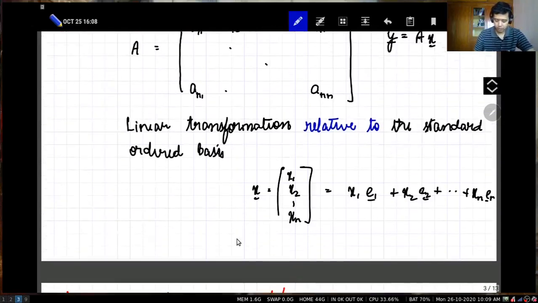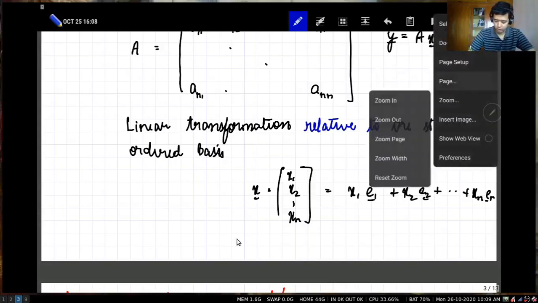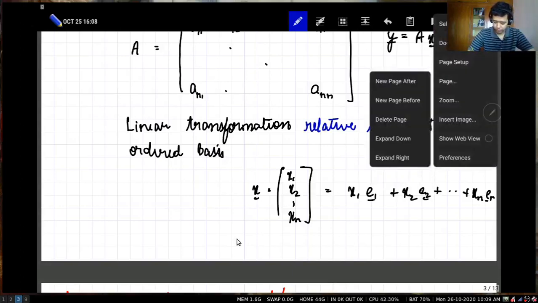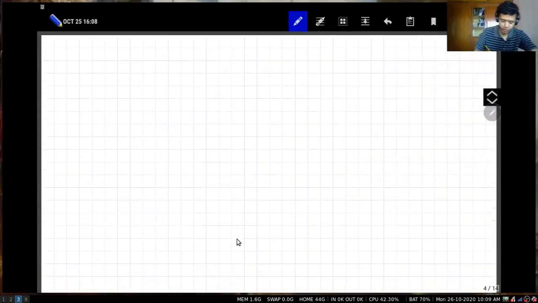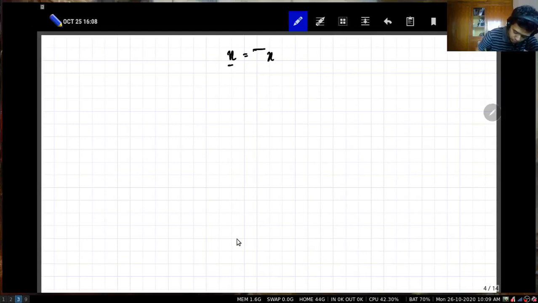So let's see the effect of a linear transformation on this vector. We have x, which is the summation of xi ei, i going from 1 through n. This is the representation of x relative to the standard ordered basis e1 through en.